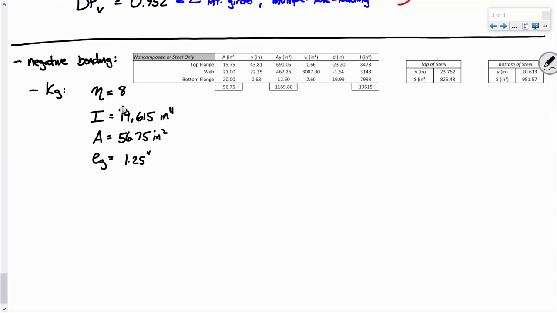Plus the web depth, which is 42 inches. Plus the haunch, which is 2 inches. Plus the slab thickness, which is half of what? 8. Not 8.5, 8. Because remember, we're using that structural slab thickness. Minus the centroid, which I propose that that is 20.613 inches. And how am I getting that? That comes from right here, that bottom of steel.